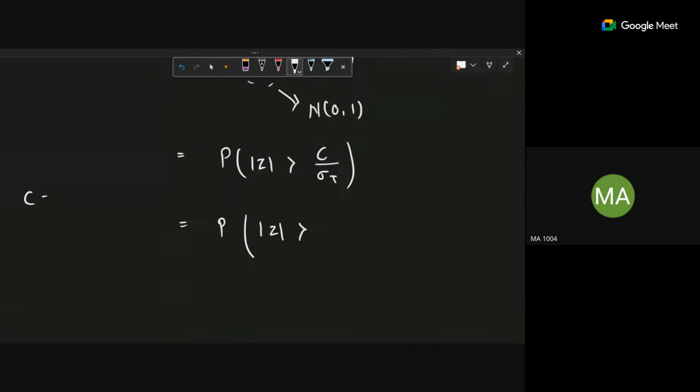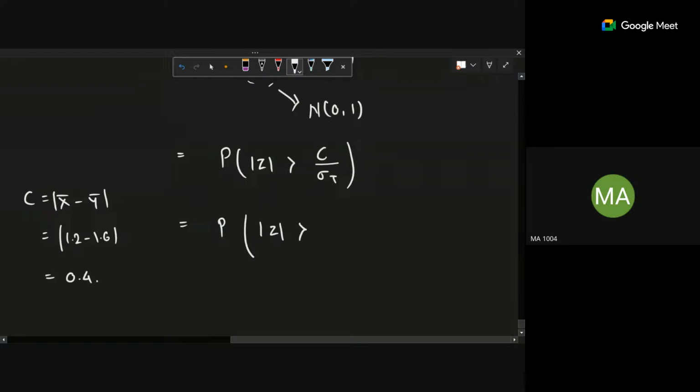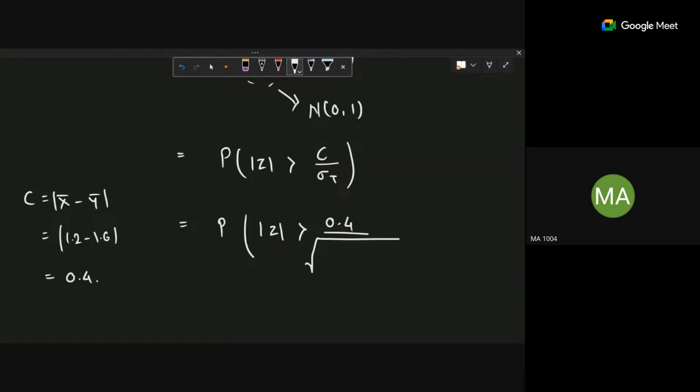C is what actually? Modulus x bar minus y bar, right? Yes, so it is 1.2 minus 1.6, that's why it's 0.4. Otherwise it was negative. Okay, 0.4 upon what is sigma T there? Just write sigma T now. It was 0.6 square upon n plus 0.5 square upon 50, right?